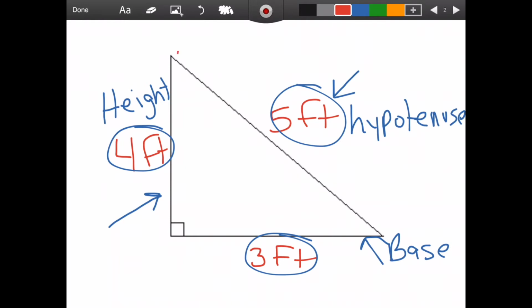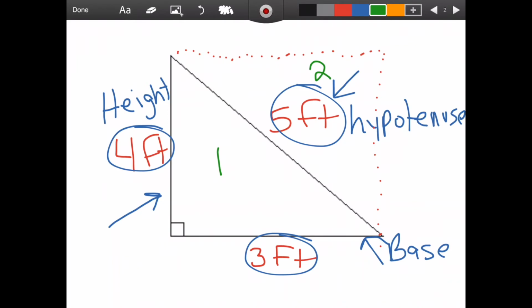I'm going to draw a dotted line here. It's not going to be perfect, but it's going to be good enough. Now we have a right triangle here, which is the first one we had, and a right triangle up here, which is the second one. Together, those two right triangles make a rectangle.